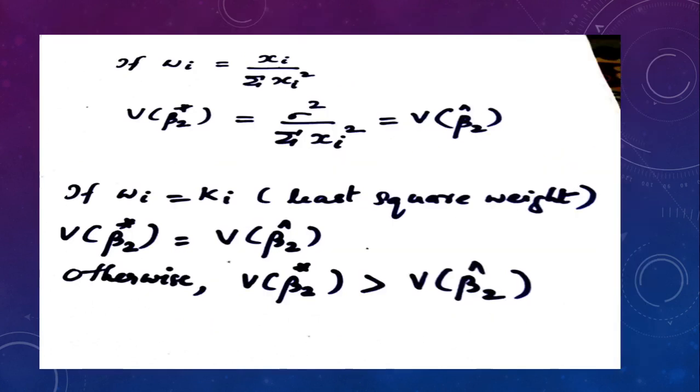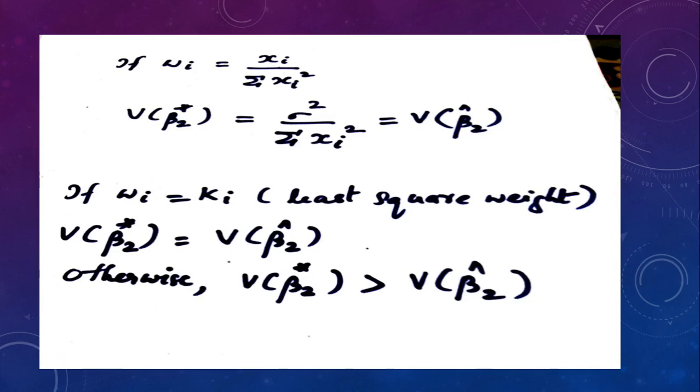Now, if we define wi is equal to xi divided by sigma xi square, we know that xi divided by sigma xi square is equal to ki. If we define wi is equal to xi divided by sigma xi square, we can see that variance of beta 2 star is equal to sigma square divided by sigma xi square, which is the variance of beta 2 hat.